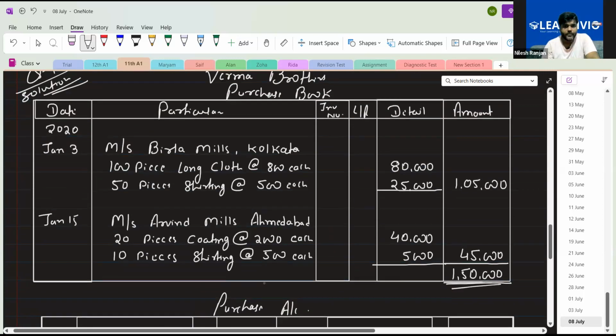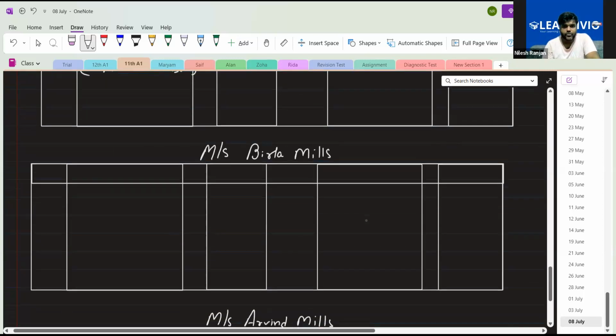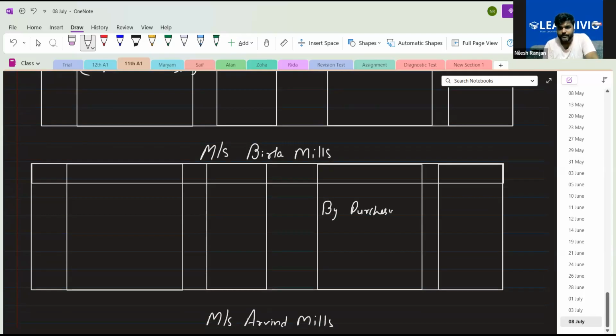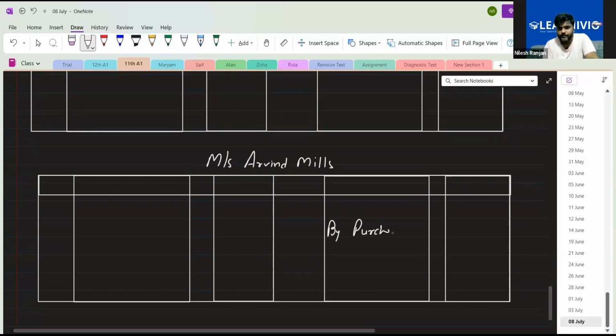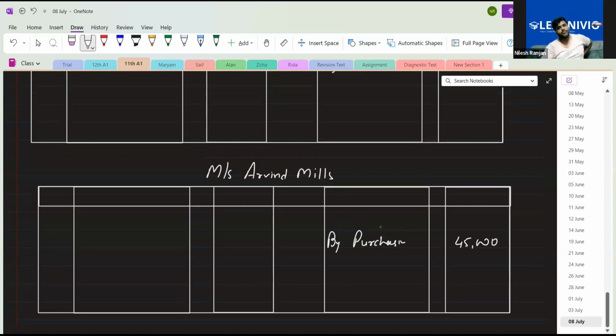Birla Mills, it is 1,05,000. So in the credit side of Messrs. Birla Mills, it will be by purchase 1,05,000. And in Arvind Mills, again it will be by purchase 45,000.